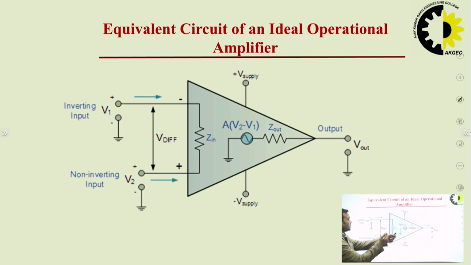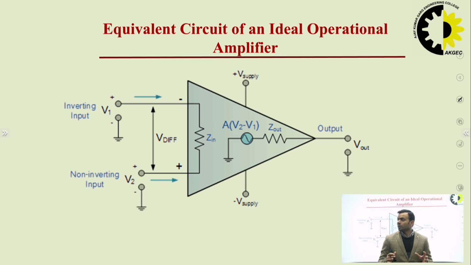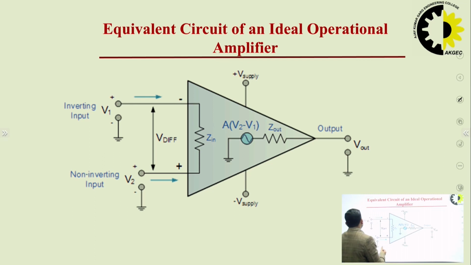Now, this is the equivalent circuit of operational amplifier, that means how does it work can be understood by the equivalent circuit of operational amplifier. This is inverting input, this is non-inverting input, this is the input impedance.